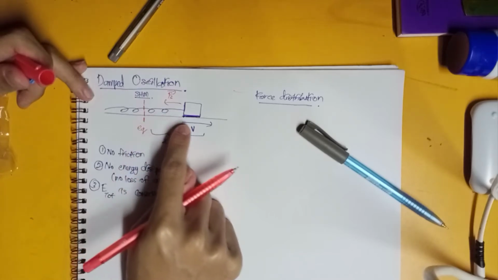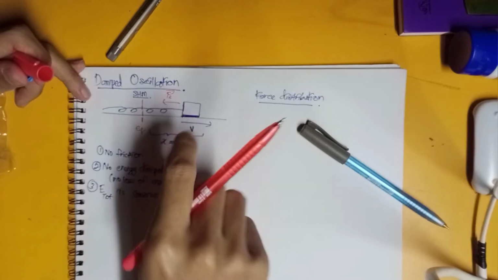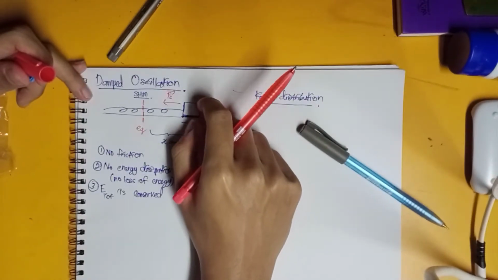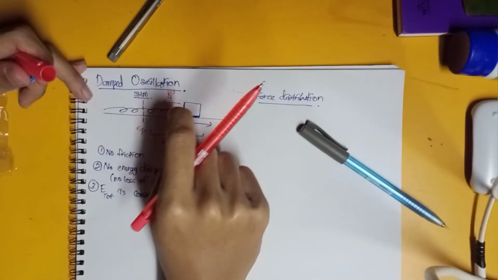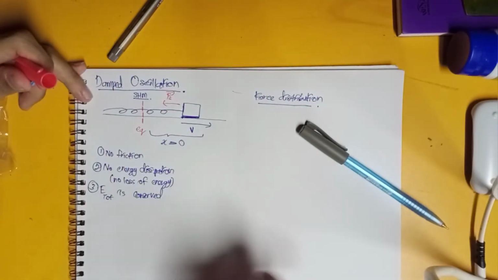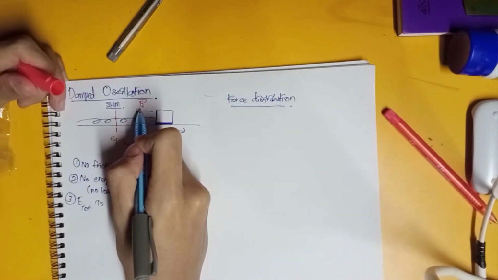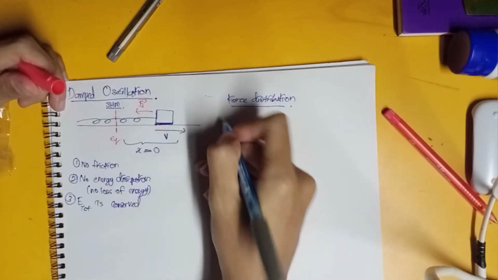As you can see, as the block is moving to the right, there is a force that opposes the direction of movement, which is directed to the left.